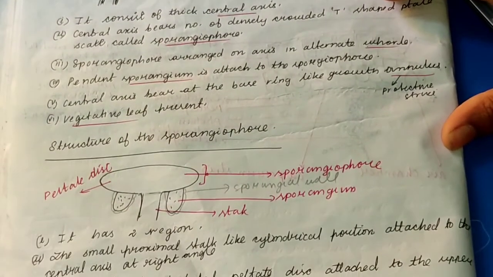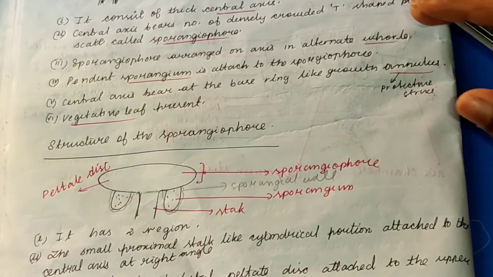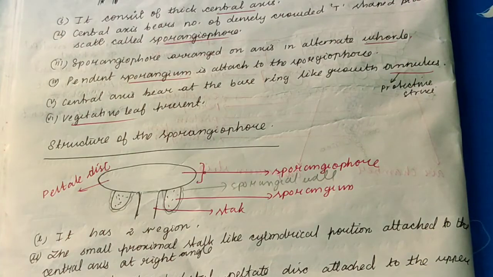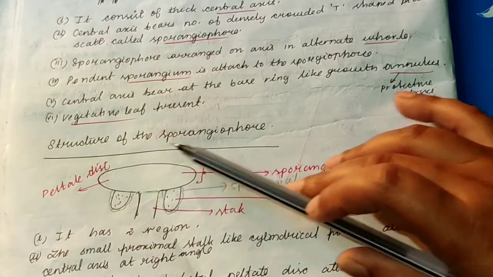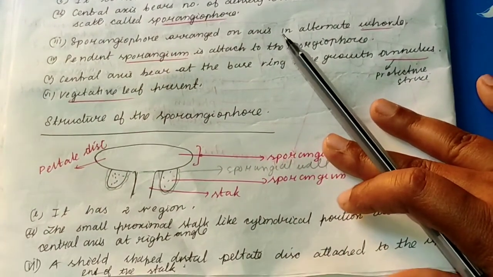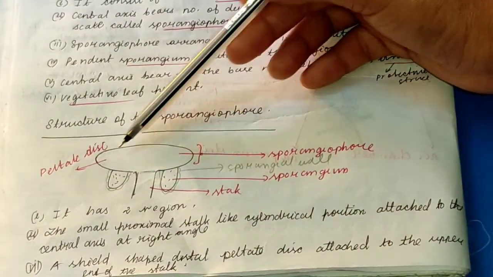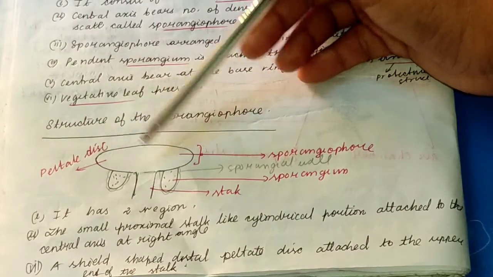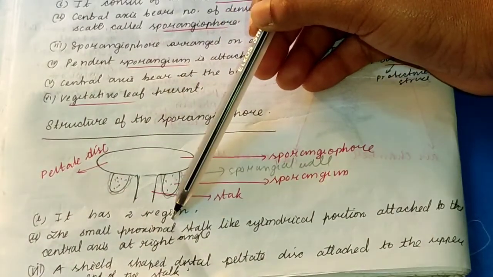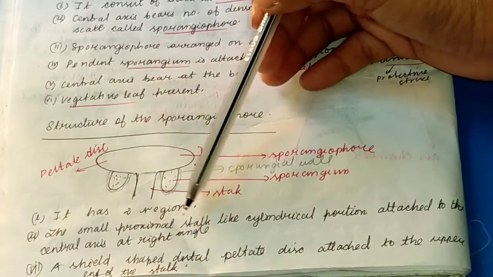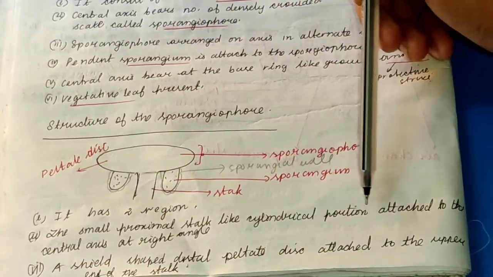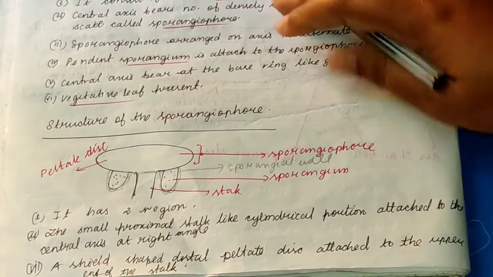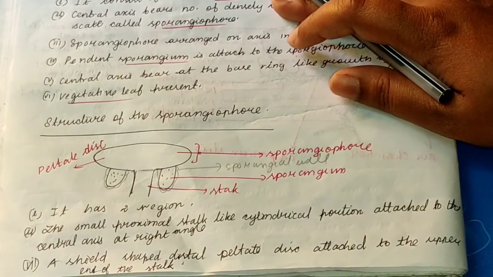Coming to the sporangiophore. Sporangiophores are attached to the central axis; the central axis bears a number of densely crowded T-shaped sporangiophores. This is the structure of a sporangiophore, a peltate disc shape. It has two regions. The small proximal stalk-like cylindrical portion is attached to the central axis at a right angle.